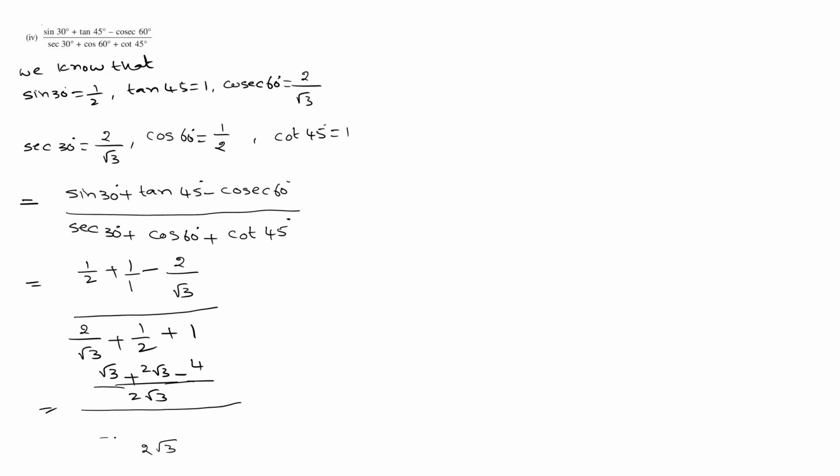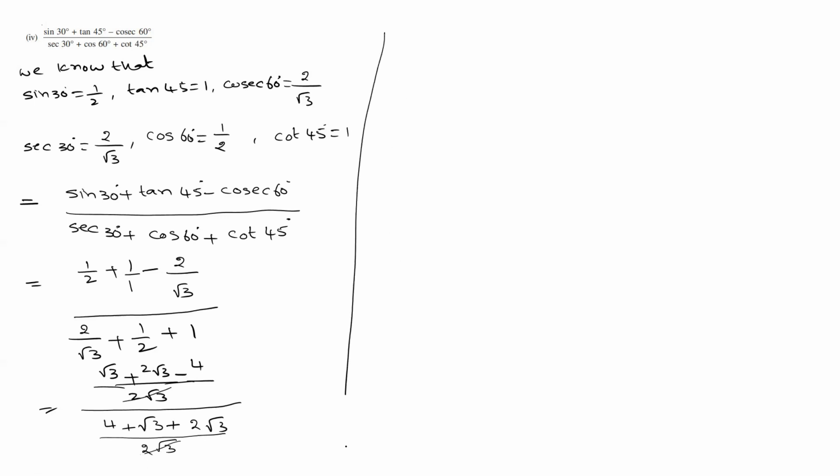Okay. So 2 root 3 means root 3 into 2 is 2 root 3. So 2 into 2 will be 4, plus 2 into root 3, root 3 means 1 into root 3 will be root 3, plus 1 into 2 root 3 will be 2 root 3 here. So this 2 root 3 and 2 root 3 will get cancelled.